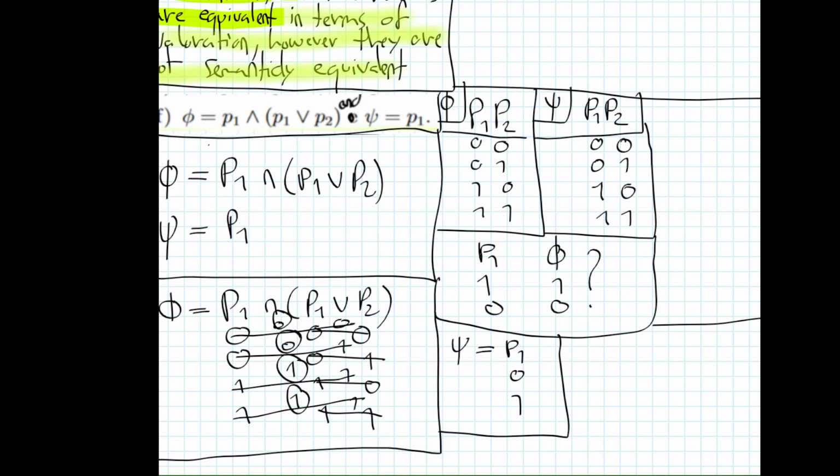So these are logical equivalents, because that's the exact same output.